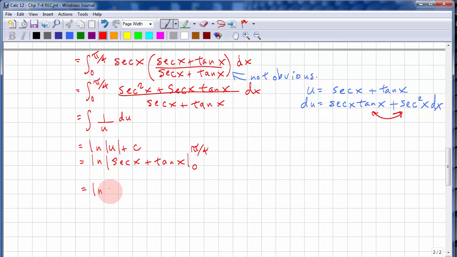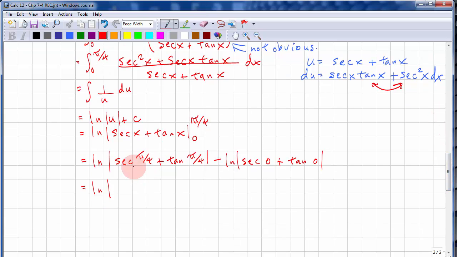We have ln secant pi over 4 plus tan pi over 4 minus ln secant 0 plus tan 0. Okay, cos of pi over 4 is 1 over root 2, so we just have root 2.